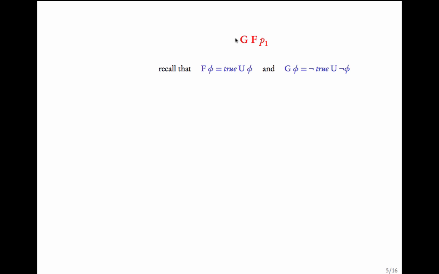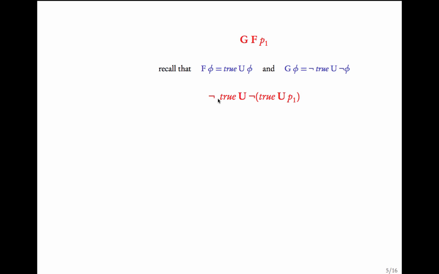Let us now rewrite GFP1 in terms of these two equivalent formulas. So change FP1 to true until P1. This is G phi, where phi is FP1. So G of true until P1 becomes not of true until not of true until P1.